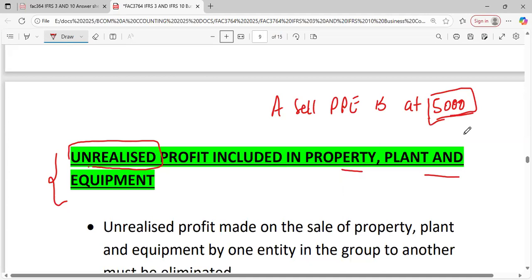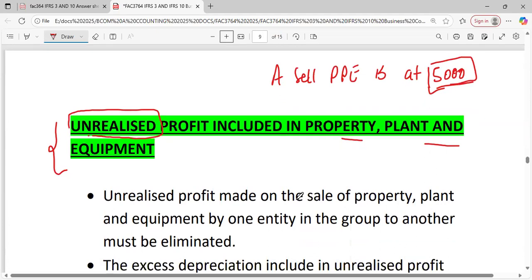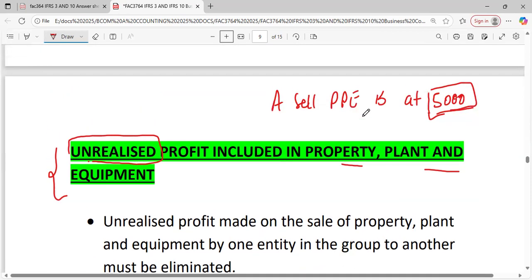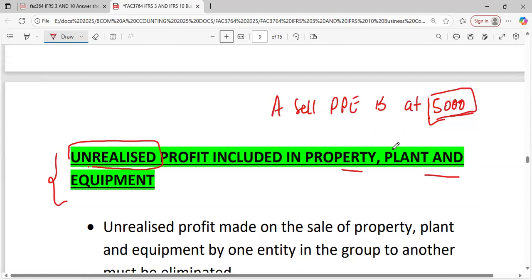So every time when we eliminate profit, then we should also eliminate the tax implication. So this is the same thing, but the only difference between property, plant, and equipment and inventory. In property, plant, and equipment, if you eliminate a profit of 5,000, right, you eliminated a profit of 5,000.